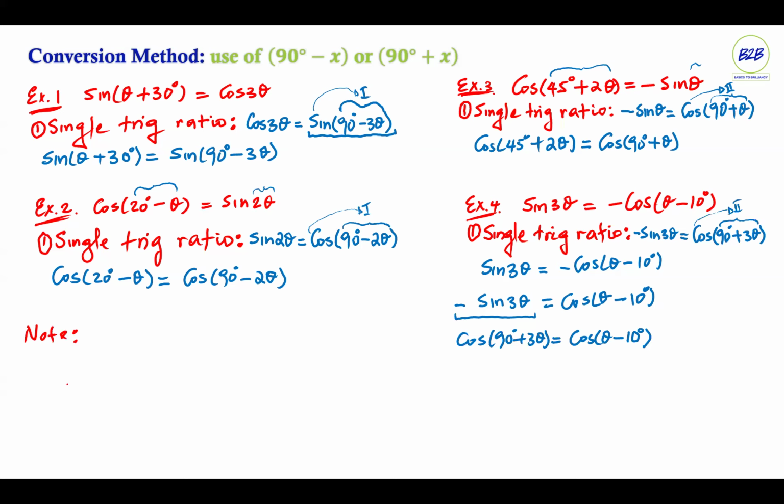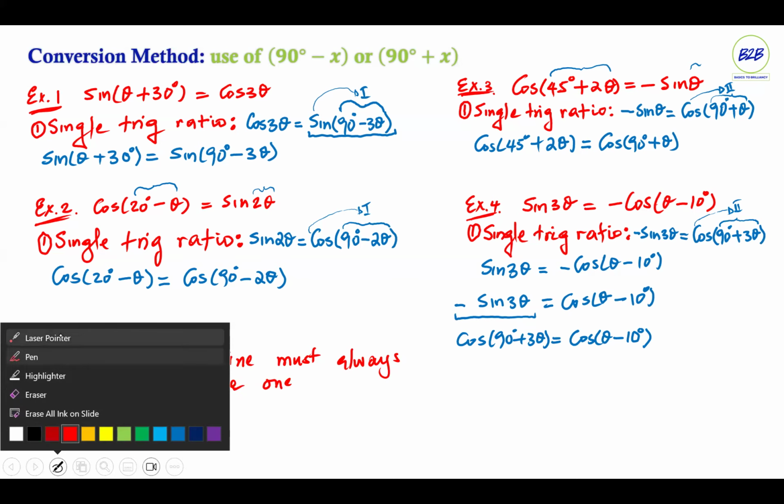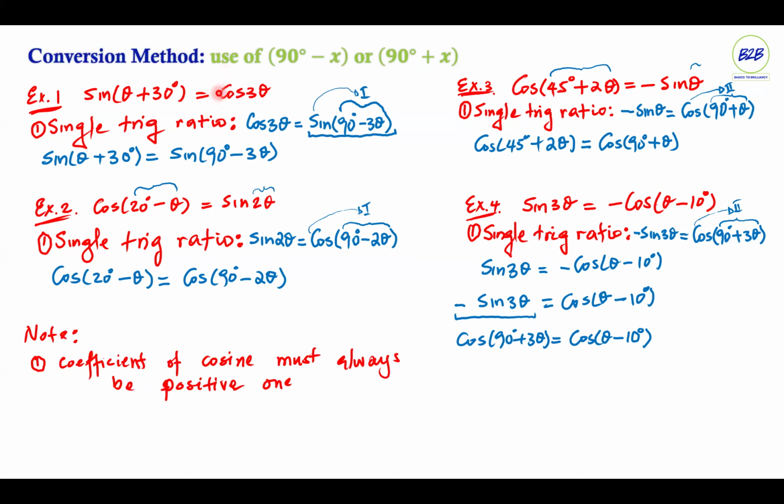The first one is that the coefficient of cosine must always be +1. You saw that the coefficient of cosine was +1.